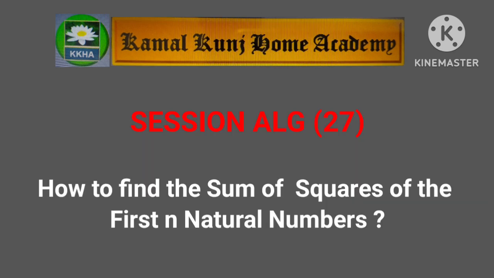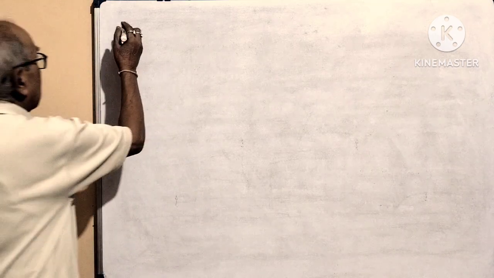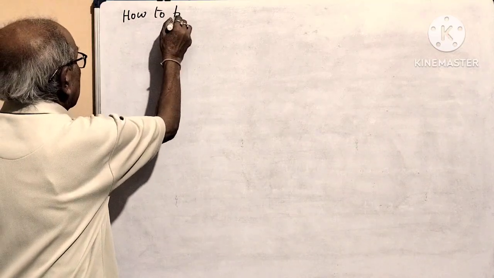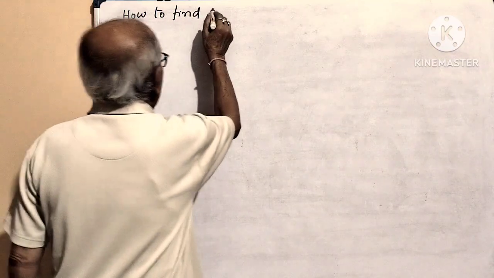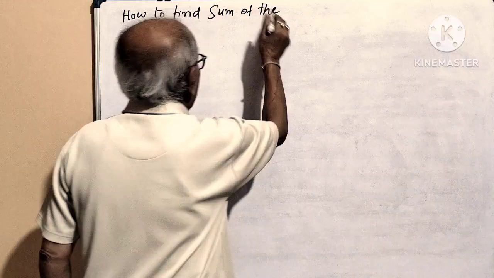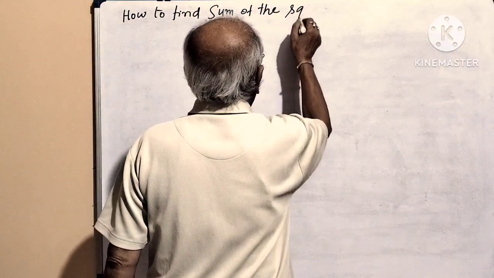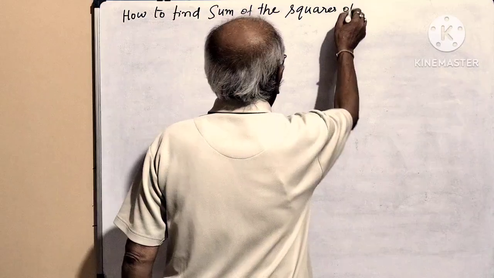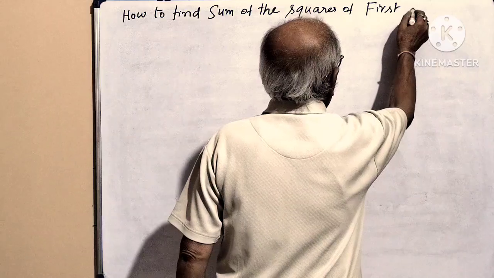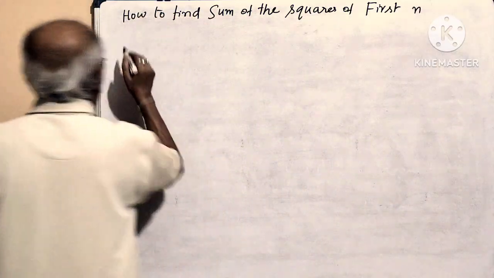In this session, we will discuss how to find the sum of the squares of the first n natural numbers.